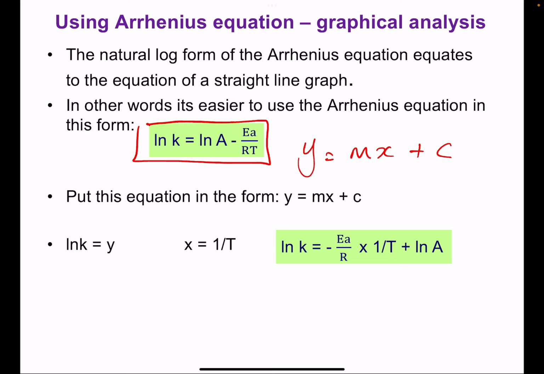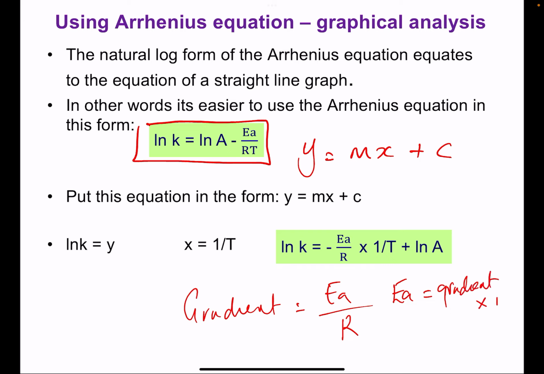Natural log of k is on the y-axis, that's y. The x-axis is 1 over T, and the gradient of the line is going to be Ea over R. So to work out activation energy from the graph, you have to multiply the gradient by R.